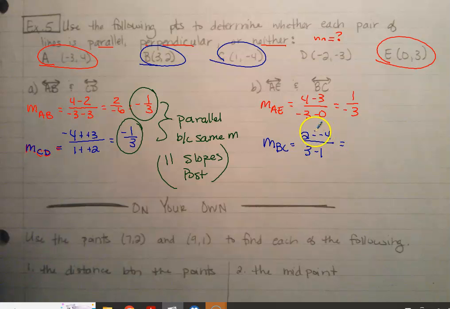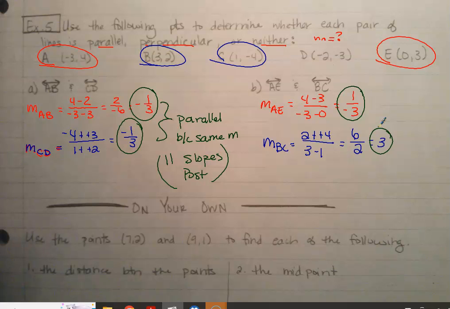So 2 minus negative 4 is plus. 2 plus 4 is 6. 3 minus 1 is 2. 6 divided by 2 is 3. Okay, so our slopes are negative 1/3 and a positive 3. Well, they're not equal, so we know it's not parallel. So we need to check if they're perpendicular, and if they're not, then it's neither.